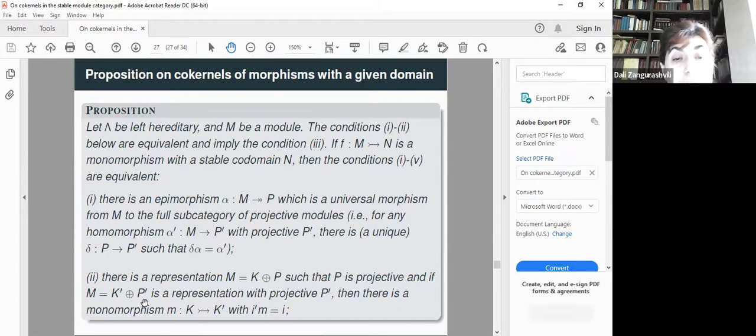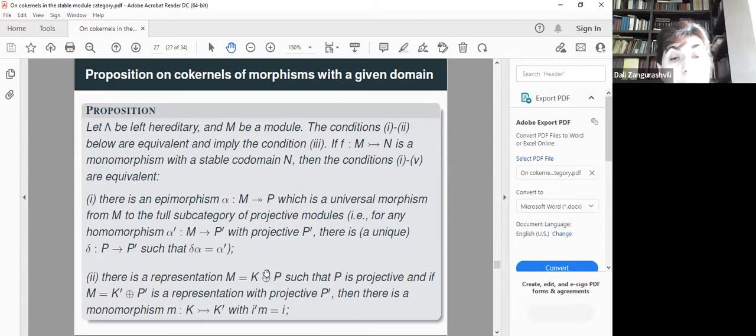The second condition is that there is a representation of M in the form of the direct product of some module K and some projective P, such that if we have another representation with projective P prime, then there is a monomorphism from K to K prime, which satisfies this equality.